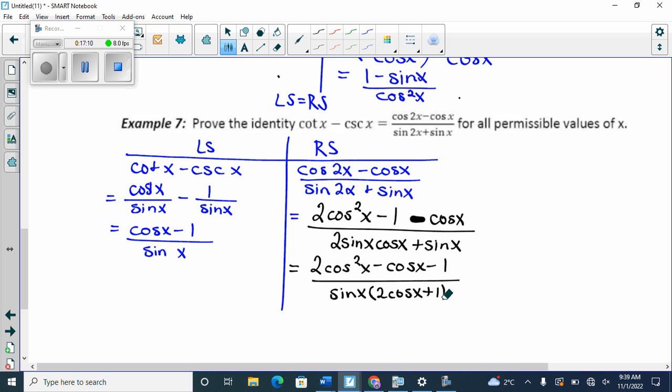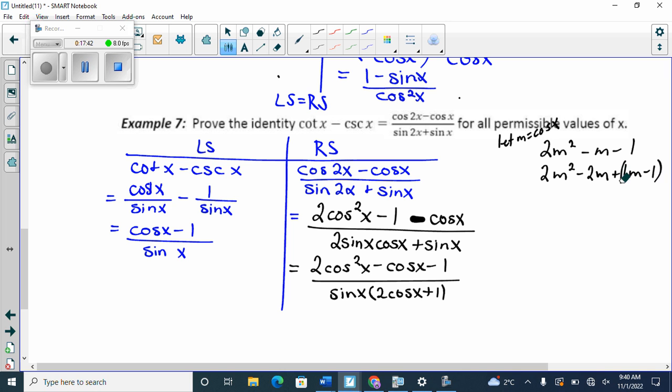The 2 cos squared x minus cos x minus 1 I can factor. So remember, if you're stuck, sometimes you're missing factors, or GCFs often. So if I go over here, I can factor this as 2m squared, let m equal cos x. 2m squared minus m minus 1, 2m squared minus 2m plus 1m minus 1.